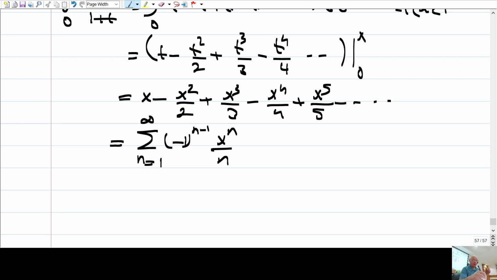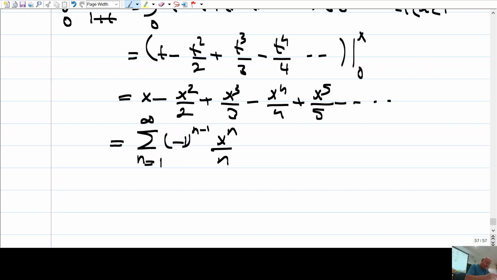Let's check. When n equals 1, you get minus 1 to the power 0, which is 1, times x divided by 1, which is x. When n equals 2, you get minus 1 to the power 2 minus 1, which is minus 1, x squared over 2. So you get this term. When n equals 3, you get this term, and so on.